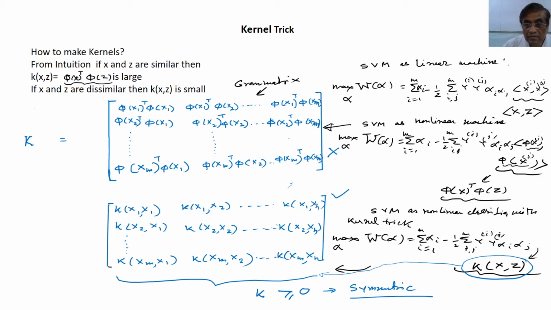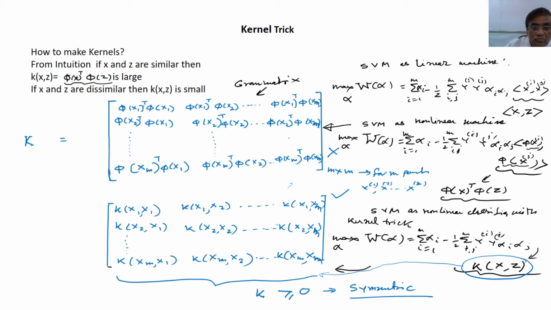They could be any points, x1, x2 up to xm. I am trying to test that I have something in my mind, and this will be my kernel. Whether that kernel is a valid one, I need to see.